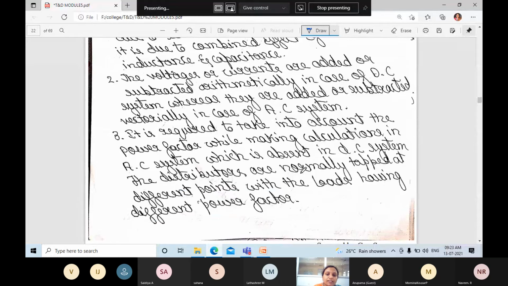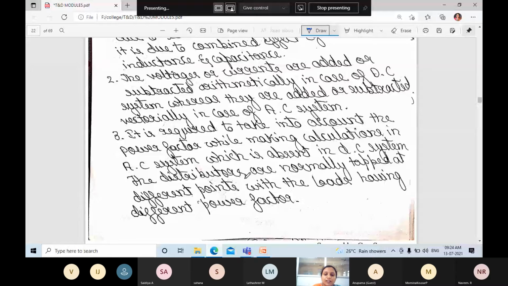The power factor must be taken into account while making calculations in an AC system, which is absent in a DC system. Power factor is not considered in a DC system; only in the AC system do we consider the power factor.